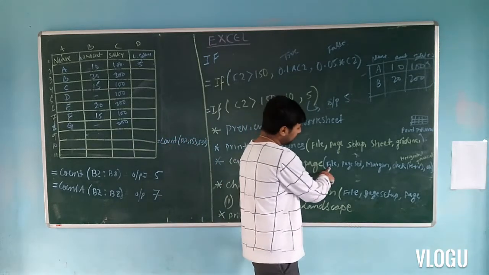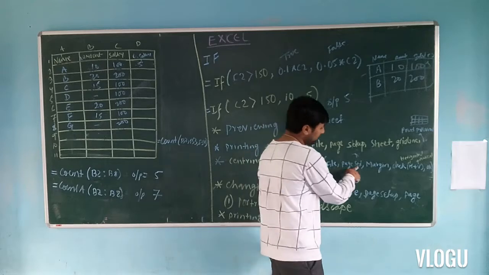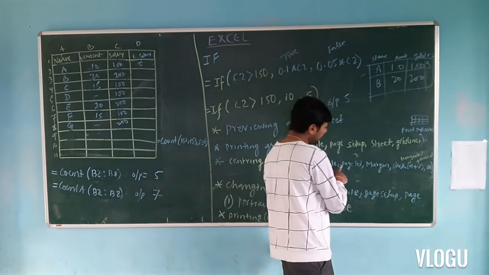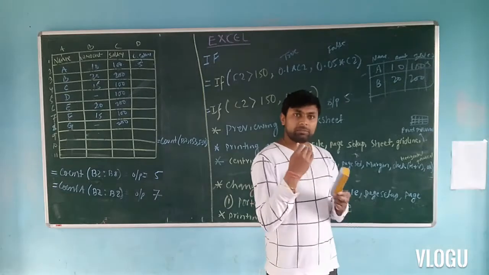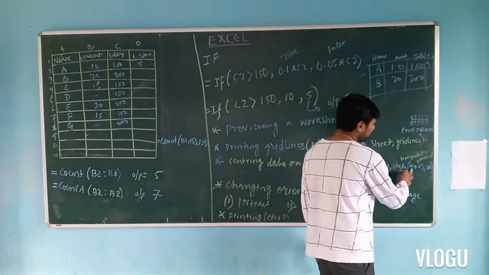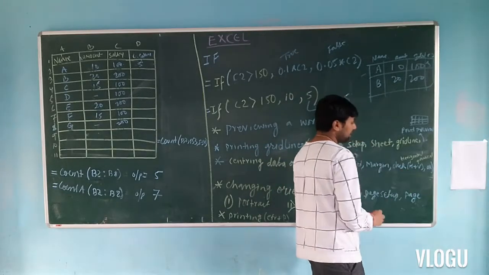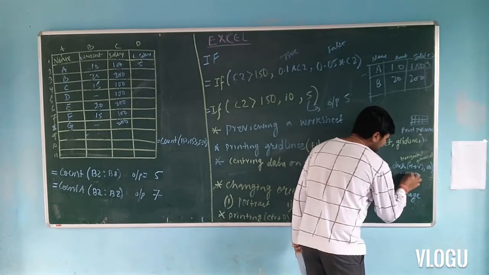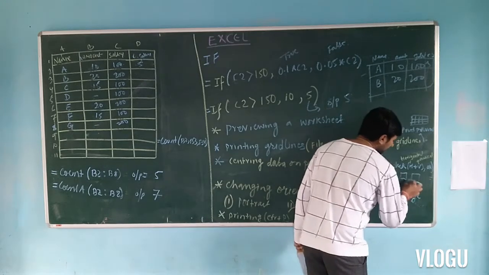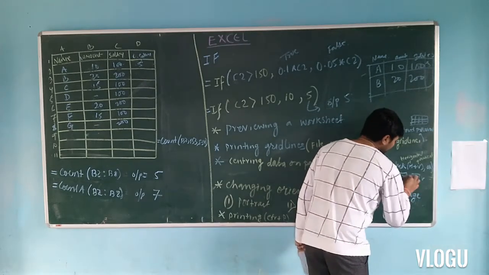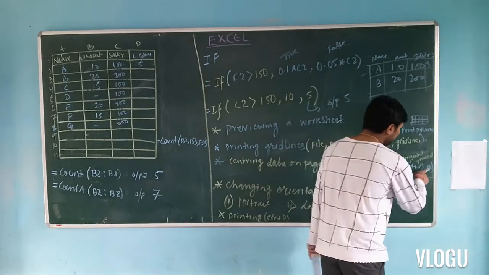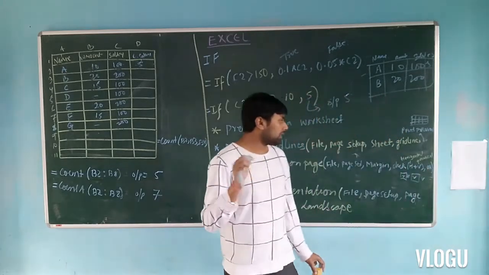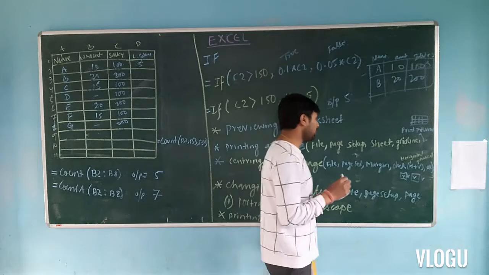First we have to click file, then page setup, then margins. After going to margins, we will see a box for horizontal and vertical. We have to click both, and then click the OK button.